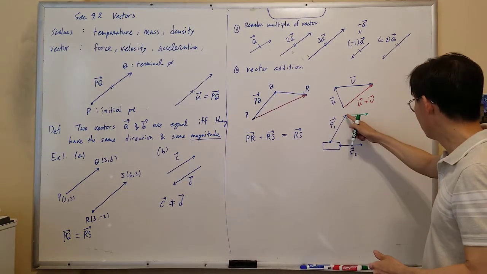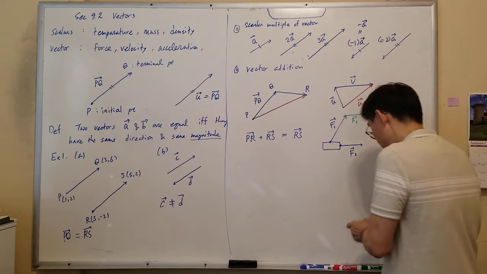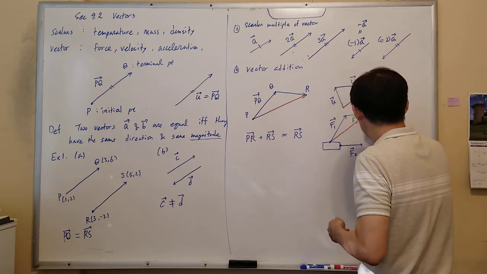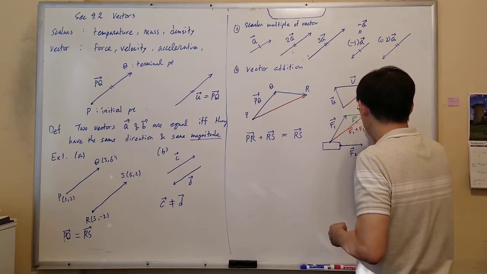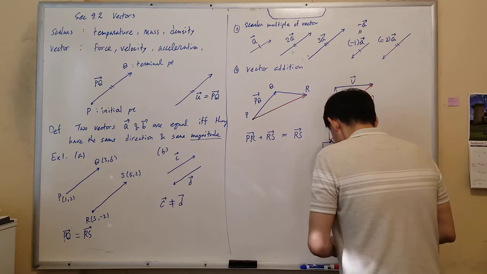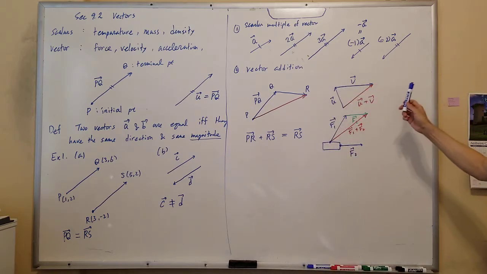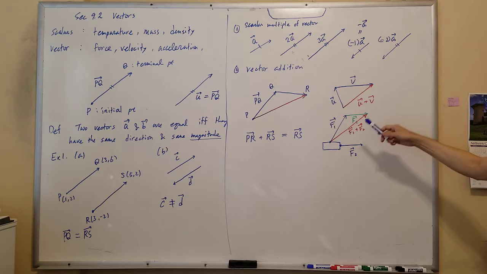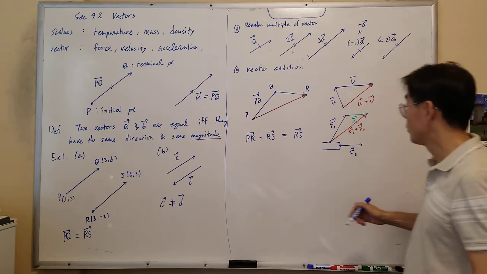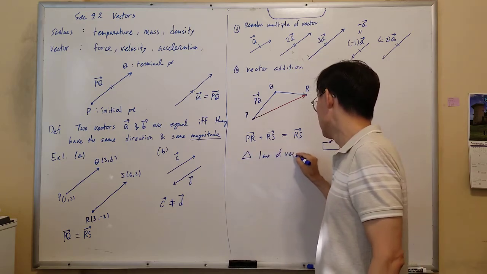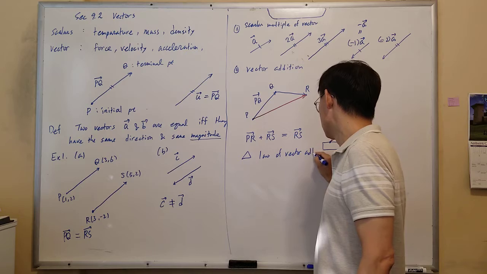So this F1 followed by F2, therefore, is your resultant vector. This is F1 plus F2. So the way to find the sum of the two vectors in this fashion is called the triangle law of vector addition.